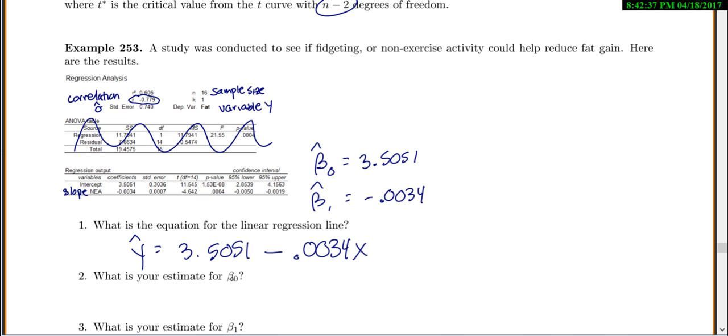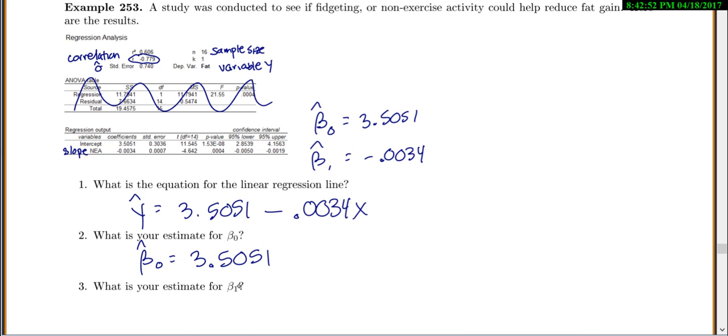Okay, what's our estimate for beta 0? So estimate for the intercept. Well, our estimate is just the intercept from the sample. So 3.5051. And our estimate for the slope is our negative 0.0034.